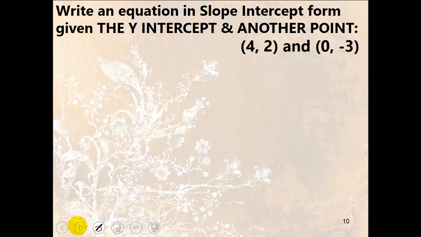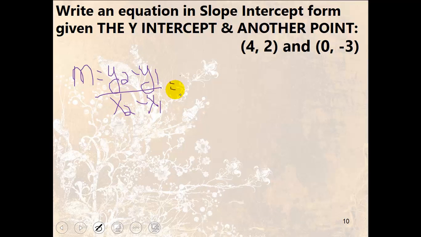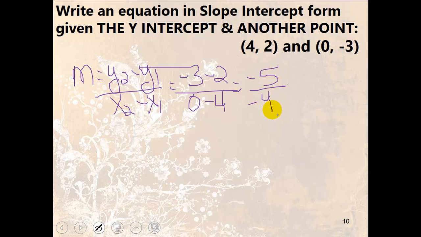Okay, here we go. M, change in y, delta y over delta x, change in x. So I get negative 3 minus 2 over 0 minus 4. That gives me negative 5 over negative 4, which gives me positive 5/4.